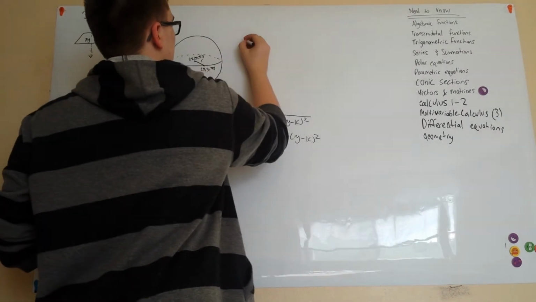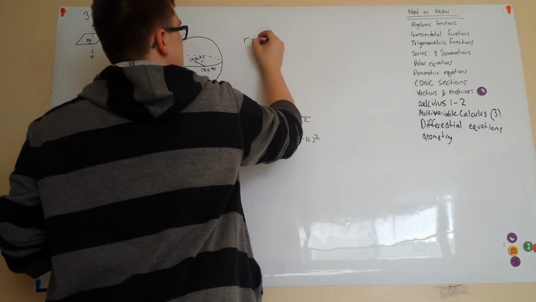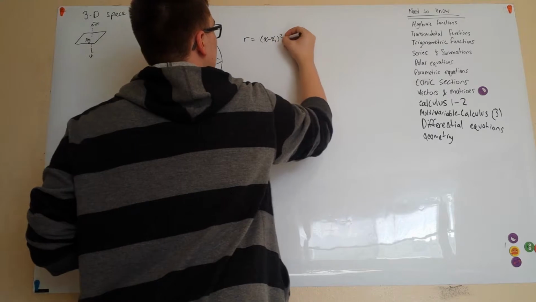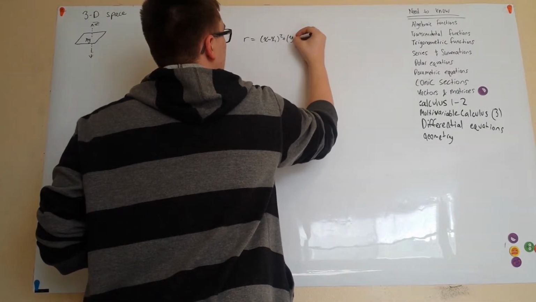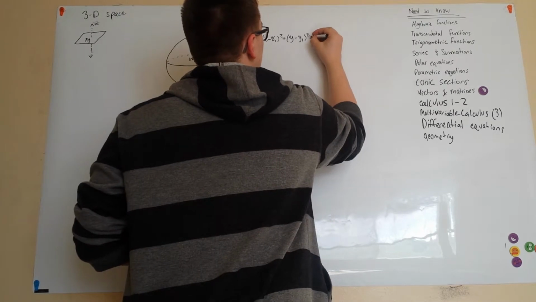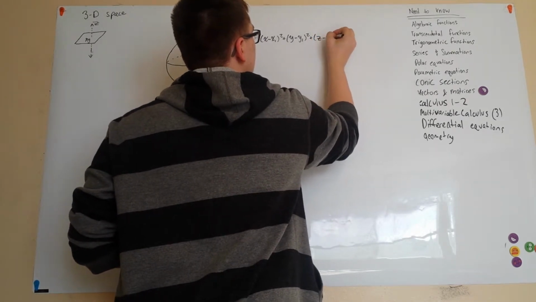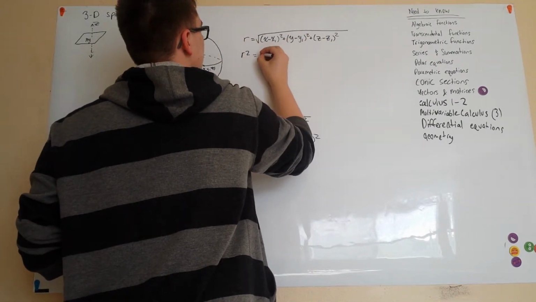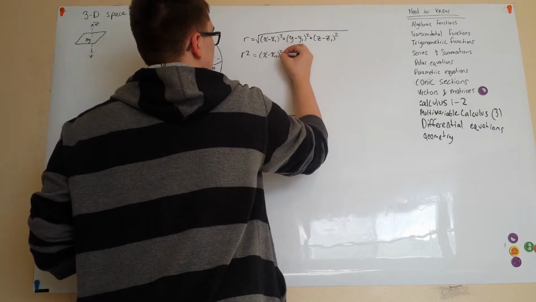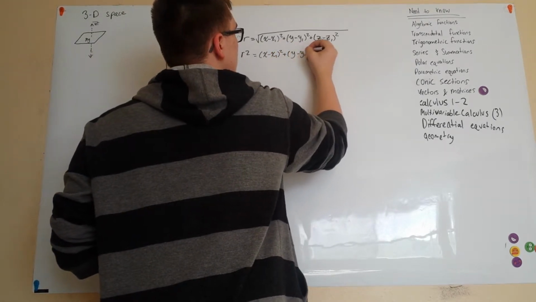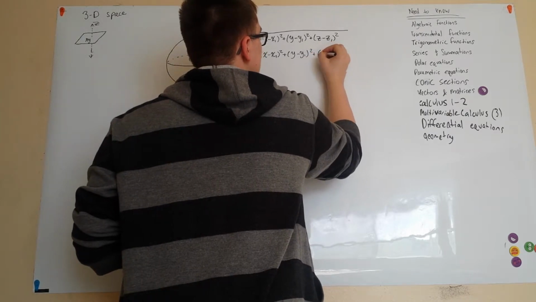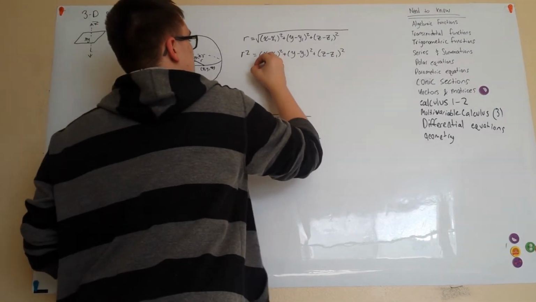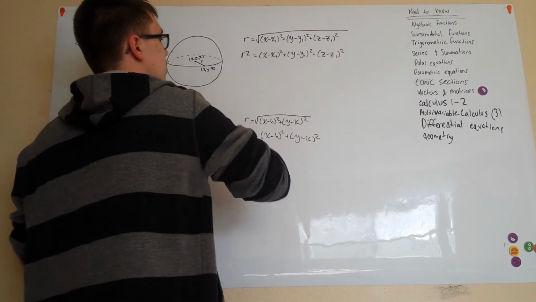So we define them, and remember r is the distance, defined as the square root of x minus x sub 1 squared plus y minus y sub 1 squared plus z minus z sub 1 squared. We square both sides, and we get r squared equals x minus x sub 1 squared plus y minus y1 squared plus z minus z sub 1 squared. And that is the equation of a sphere.